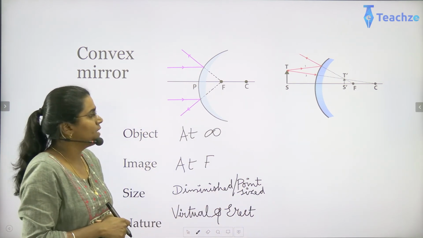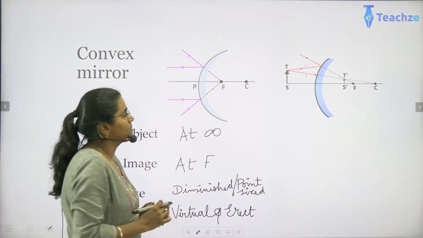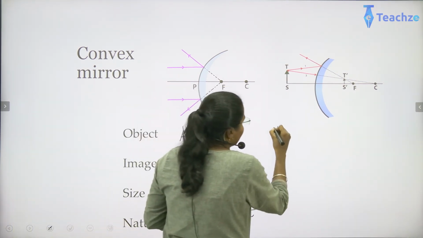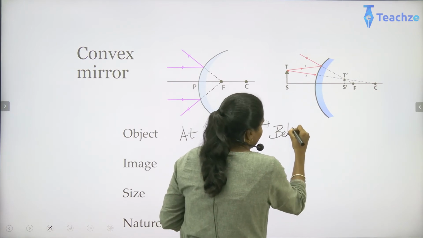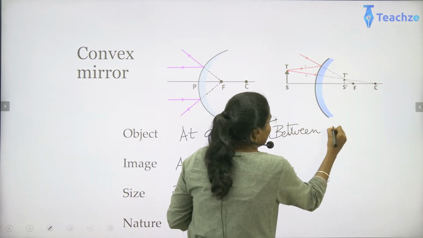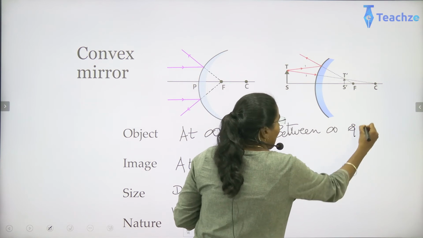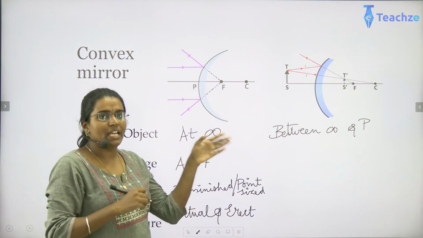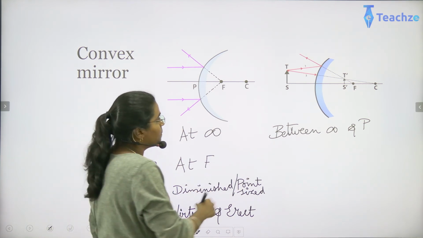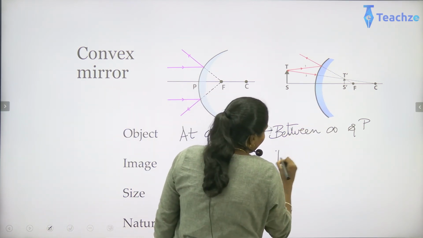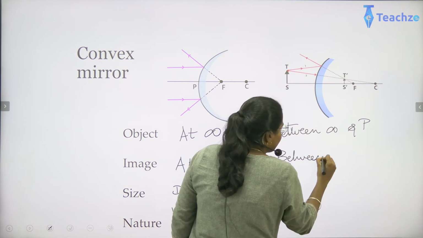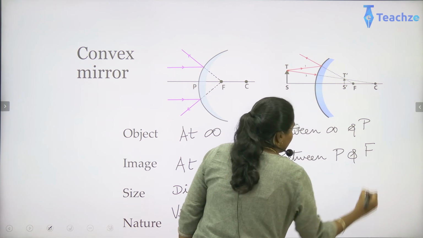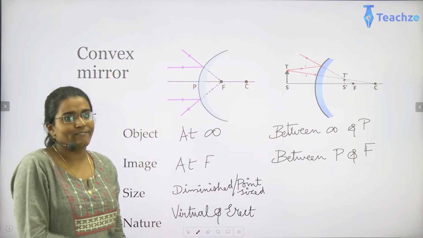Okay. Now we'll move on to the next case. Now I keep my object between infinity and my pole, between infinity and pole P. So my image will be between P and F in the case of convex mirror.